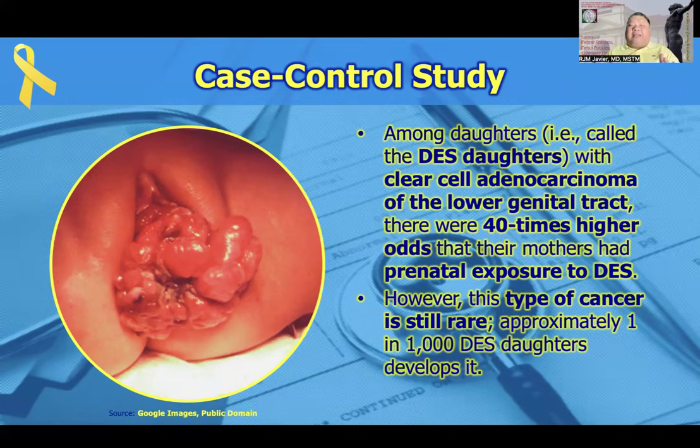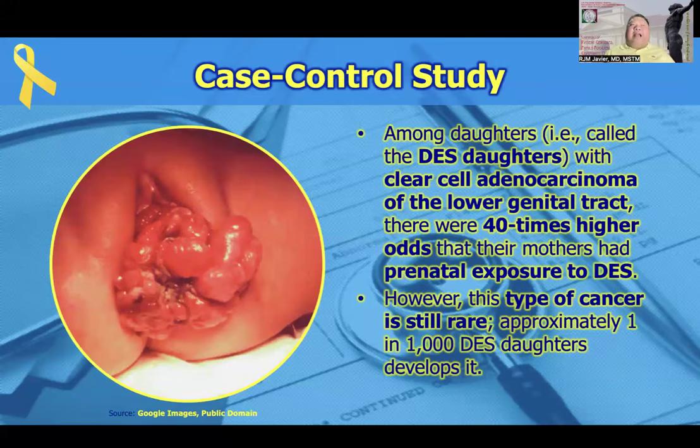And so if you look at this, they were able to conclude based on the odds ratio that women who had clear cell adenocarcinoma had 40 times higher odds that their mother had pre-pregnancy exposure to DES.